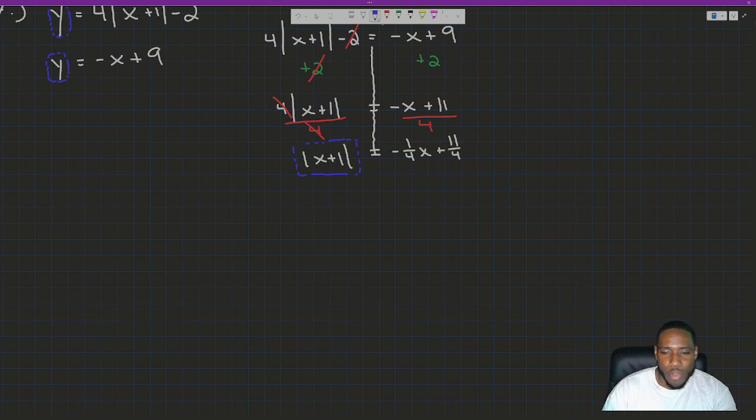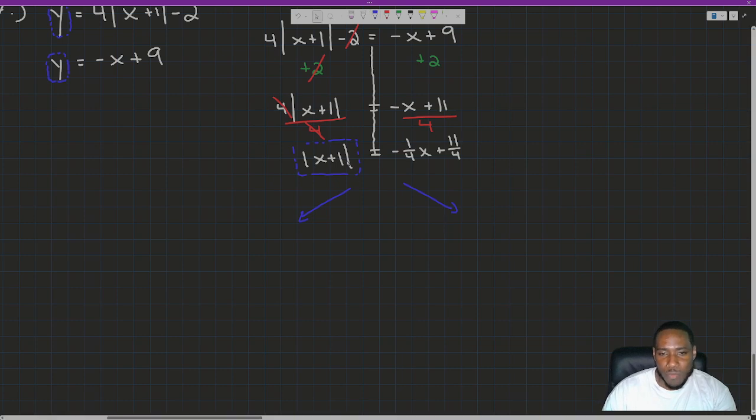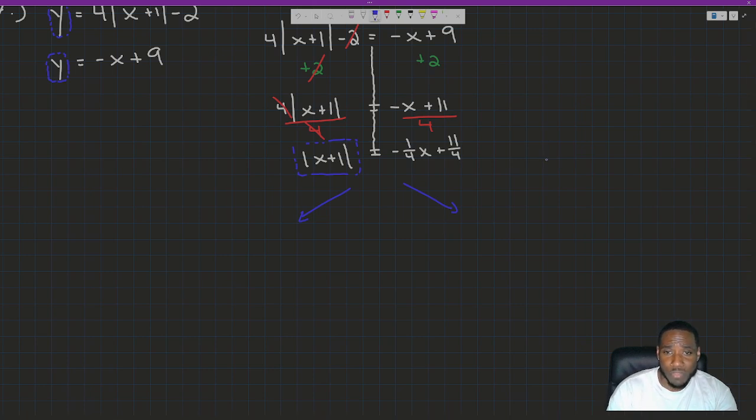Now that we've got this absolute value statement by itself, we're going to consider our possibilities, using the definition of absolute value. If the absolute value of x plus 1 is negative 1/4 x plus 11 over 4, then we can say one of two things. x plus 1 is equal to negative 1/4 x plus 11 over 4.